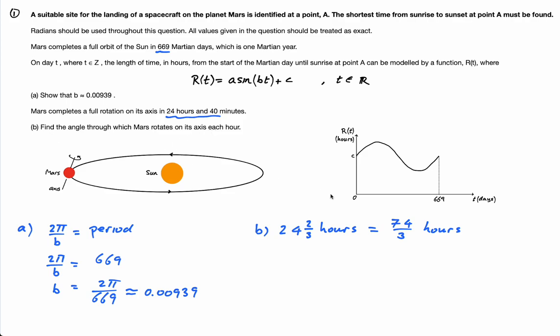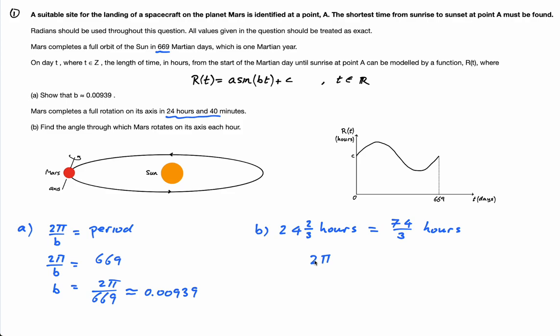So think of it as it'll do one full rotation in 24 hours and 40 minutes. So what rotation will it do in 1 hour? In 1 day it'll rotate a full turn, which is 2 pi. So 2 pi in 74 over 3 hours.